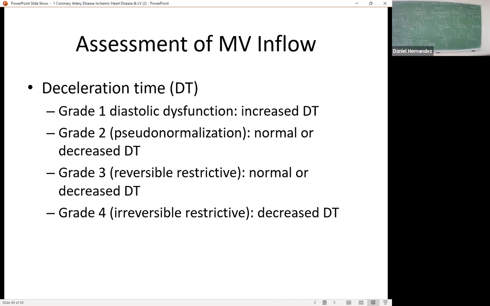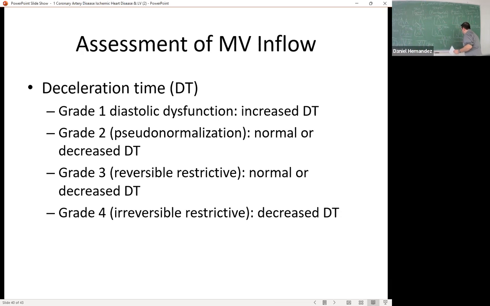Now we're getting into our restrictive filling patterns. If you think about your pathologies, these are hearts where the ventricles are really stiff. They're non-compliant. Since those ventricles are stiff, the mitral annuluses aren't moving very well at this point. And since this tissue Doppler is measuring velocity movements of those annuluses, we're going to have small E prime and A prime waves.